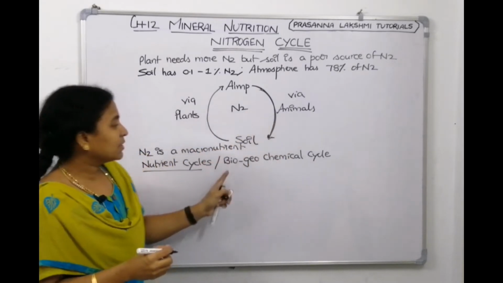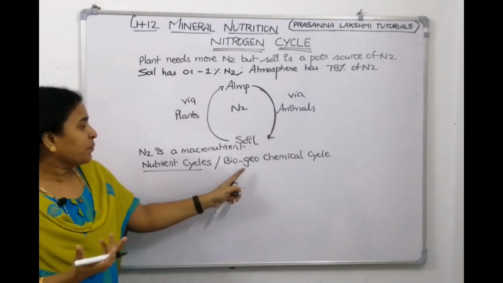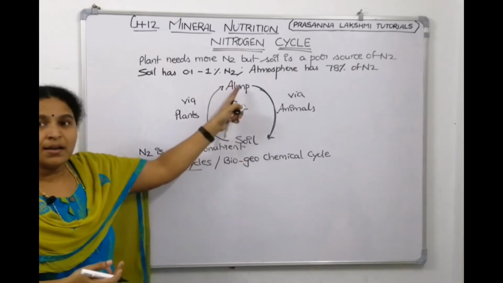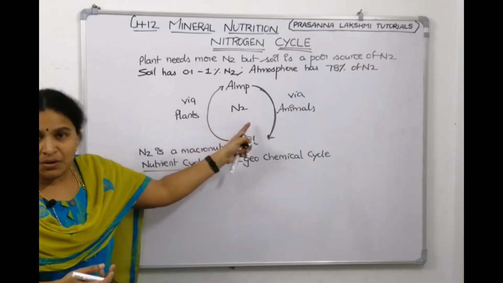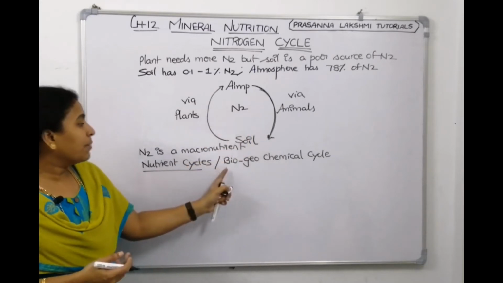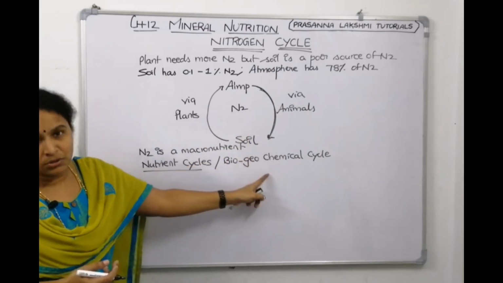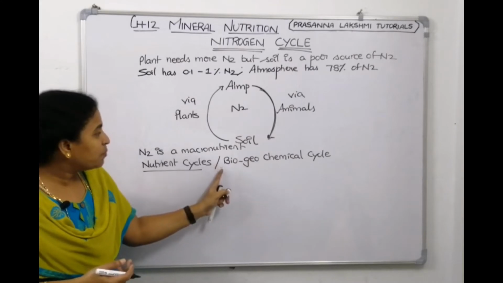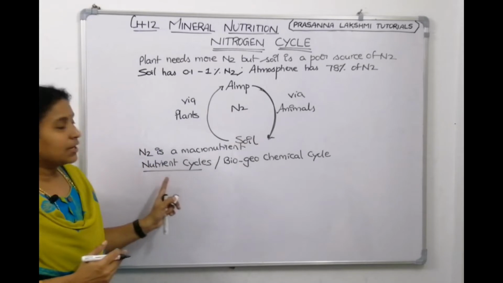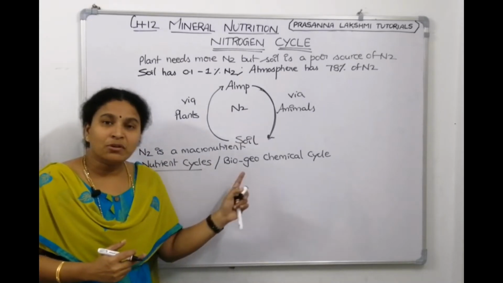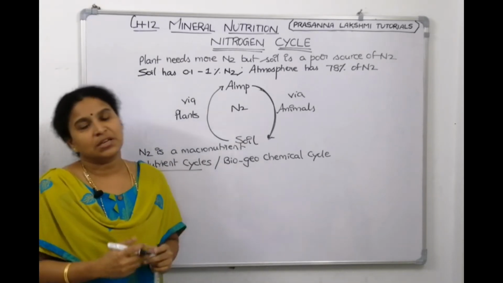Plants and animals are biological organisms. Atmosphere and soil include the geological area. So any nutrient circulating from biological organisms to the geological scale is called a biogeochemical cycle. What is circulating is a nutrient, so a biogeochemical cycle is also called a nutrient cycle.